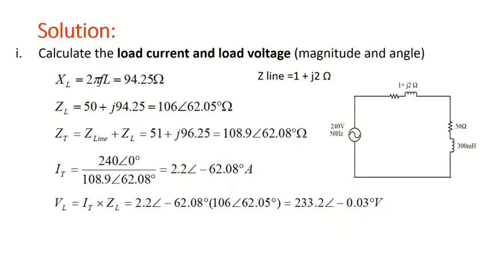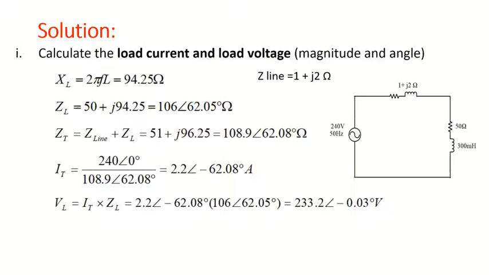So now you have the load current, and you can get the load voltage, VL. The I total is equivalent to the current flowing into your load, because they are in series. So I total times your Z load gives you the V load.